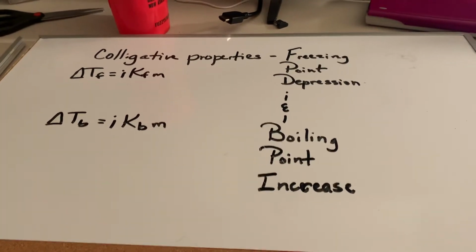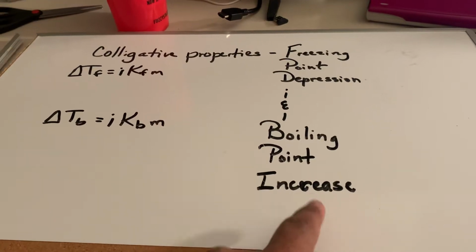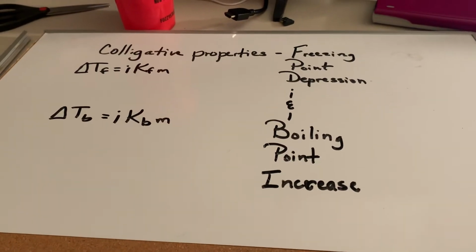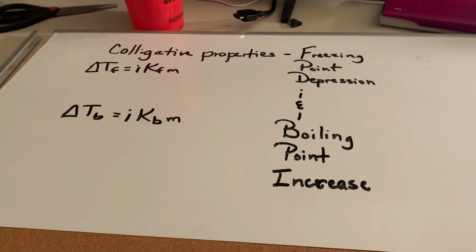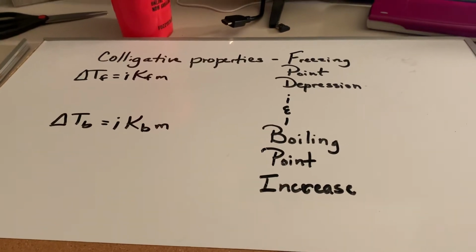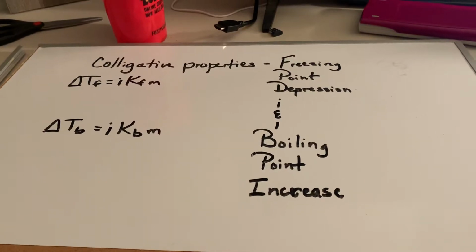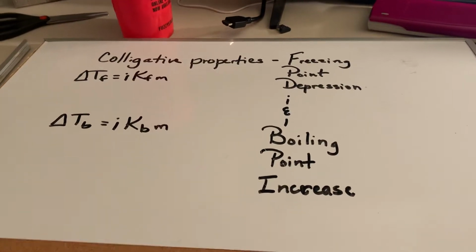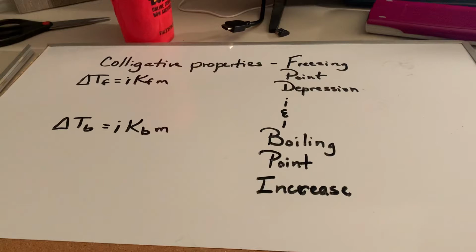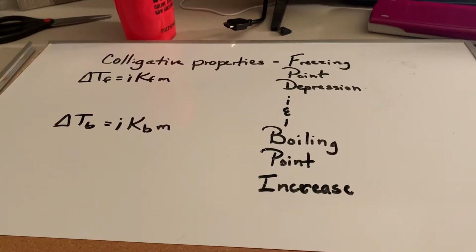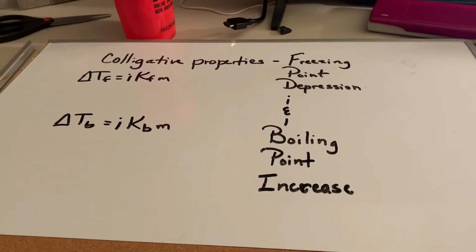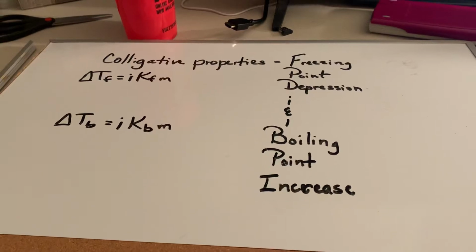To start off, I'm going to talk about boiling point increase. Comparing it to a pure solvent, a solution is going to require a higher temperature to achieve any given vapor pressure, including one equivalent to that of its surroundings.